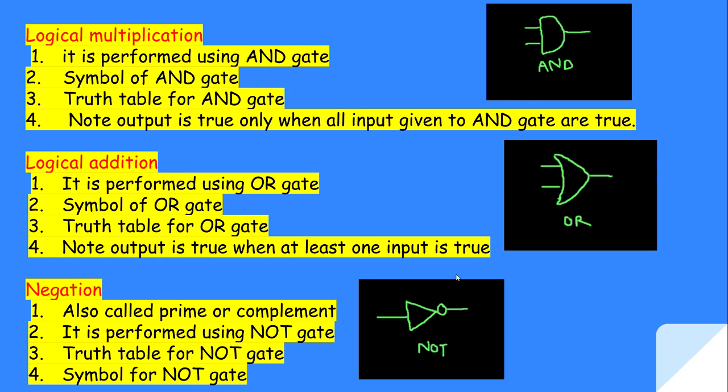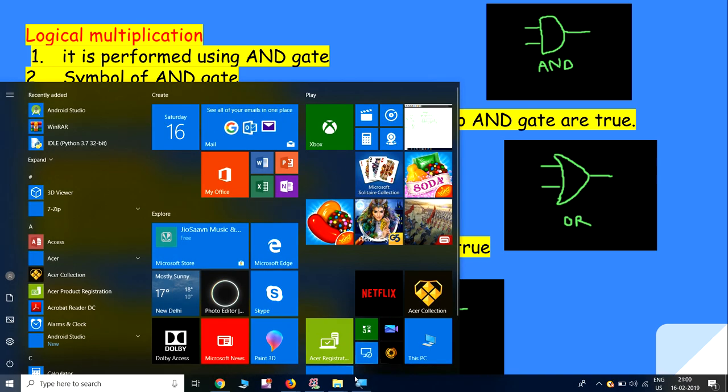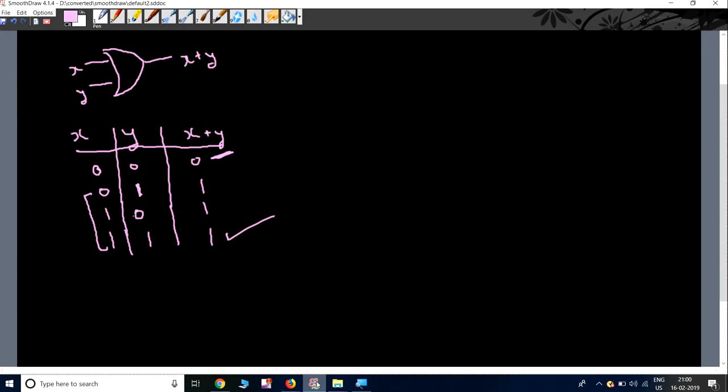So let's talk about the truth table for the NOT gate. Suppose this is our NOT gate. You have given x as your input and your output would be x complement or x prime, whatever you want to call this, or it is also represented by x dash. These all represent negation. So x and x complement.